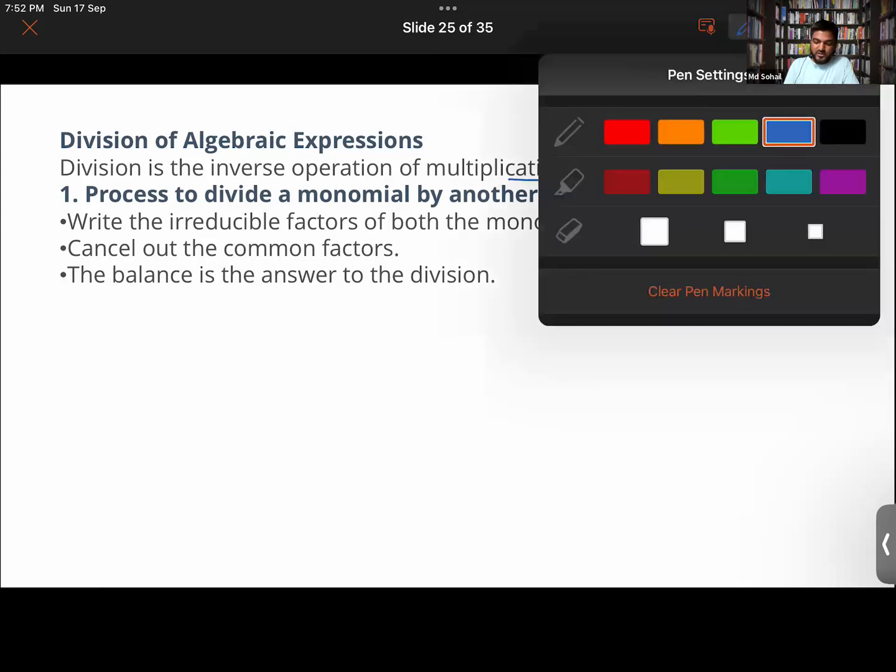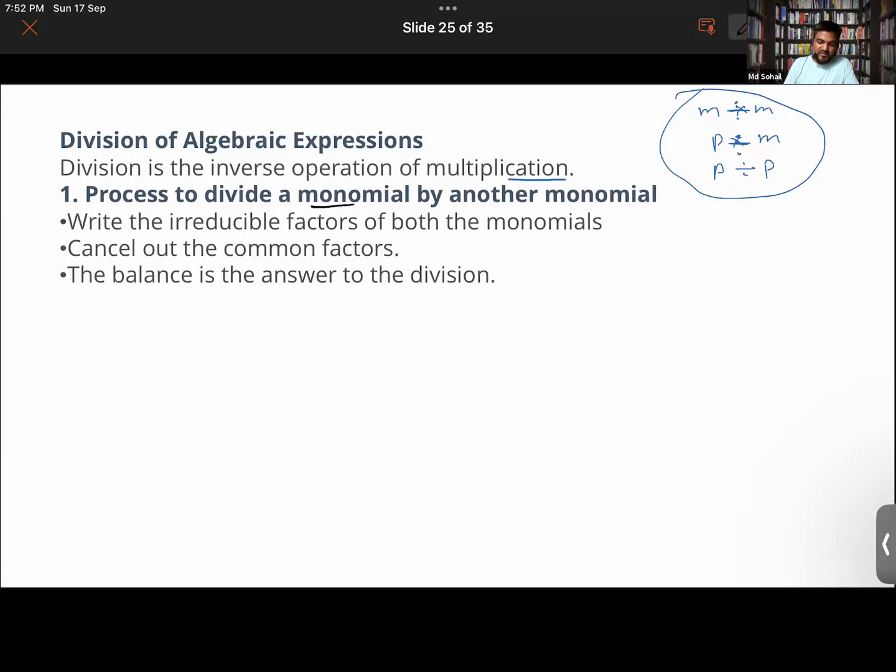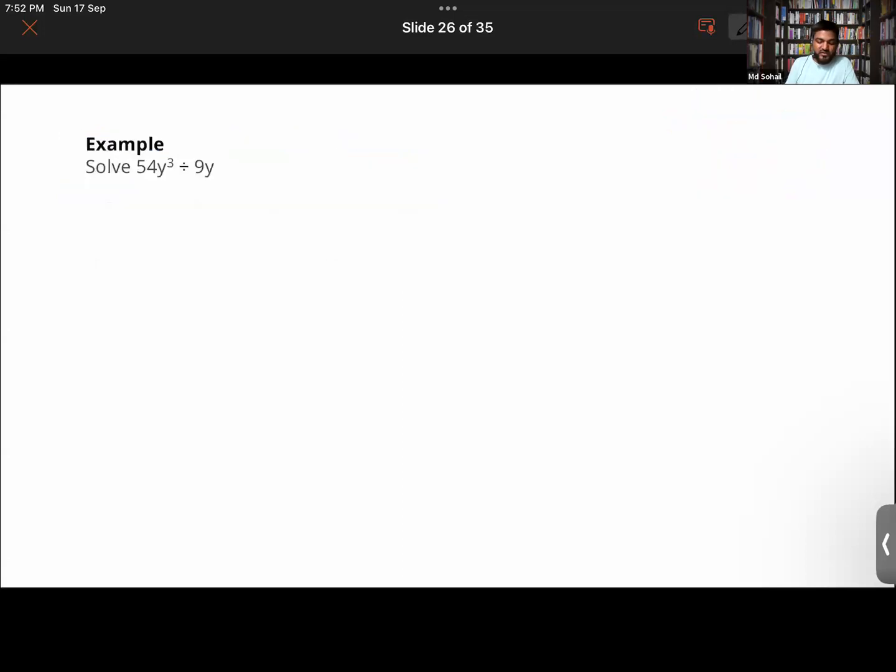Okay, so the first question is the division of a monomial by another monomial. You are provided with 54y cube and 9y. Here we can simply factorize the two expressions. For example, 54y cube, you will reduce to the irreducible form.